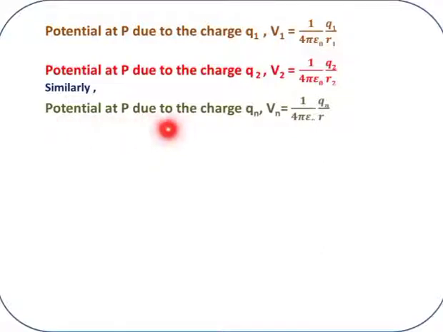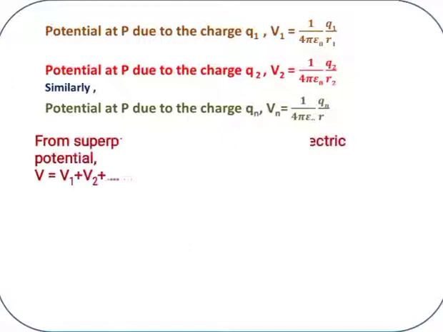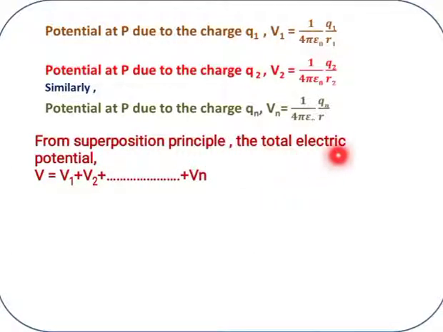The potential at P due to the charge Qn, that is Vn, is equal to 1 by 4 pi epsilon naught Qn divided by Rn.